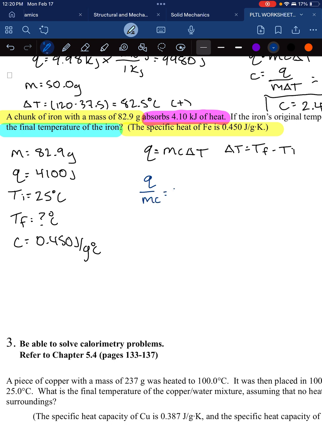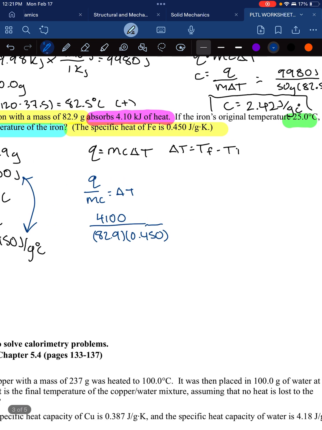Q over MC equals delta T. And make sure these units match, joules and joules, and they do. 82.9 and 0.450.